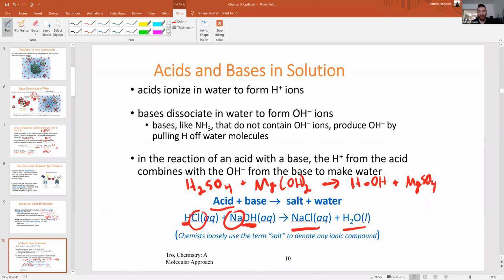There's only one H here, OH2, there's two, so you basically just put two there. That's a quick one, but the two there makes everything work. There's one magnesium, one sulfate, good. So you can see how every acid-base reaction will happen the same way. You'll have a hydrogen meet up with an OH to make water, and then the remaining ions will go together to make a salt, which is sodium chloride in the earlier example.